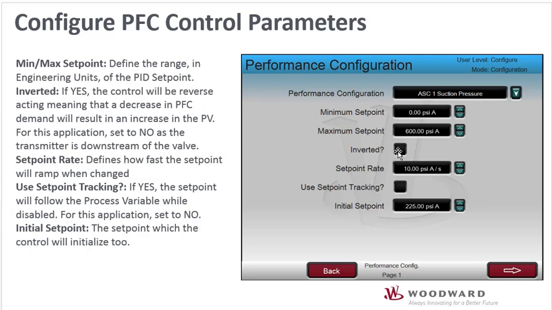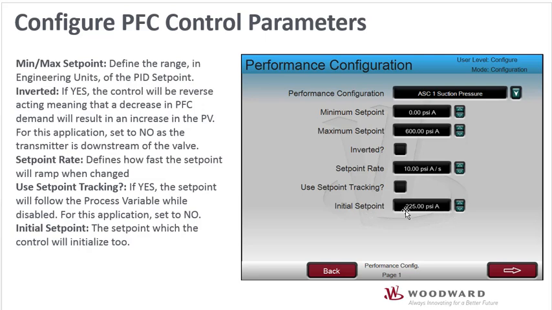The set point rate will define how fast the set point ramps from the current position to, if you're using a go-to value or a raise lower command, that's the rate that it'll move at. Set point tracking, we're not going to use that in this application because we know that the pressure we want to control the suction line at never changes.